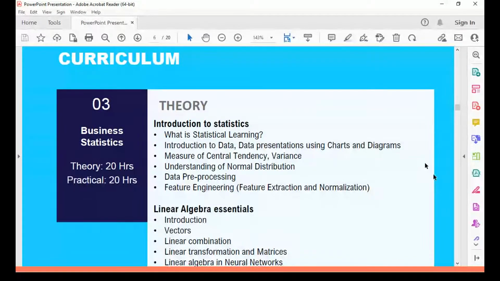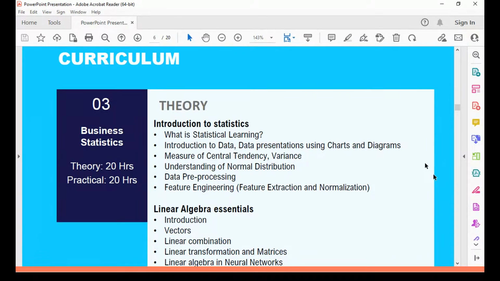Statistics is about collecting the data, observations for a data point. For example, sir, height of 10 students in a class. One is 5 foot, one is 6 feet, one is 5.1, one is 5.9, one is 5.2, one is 5.8.